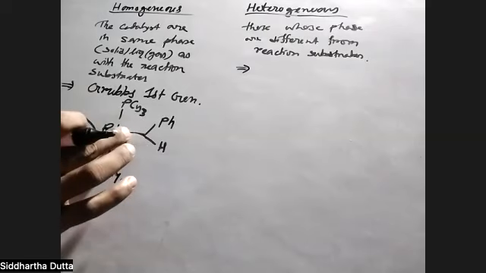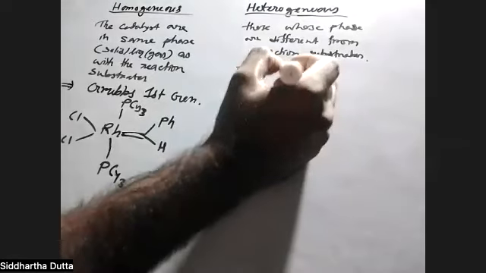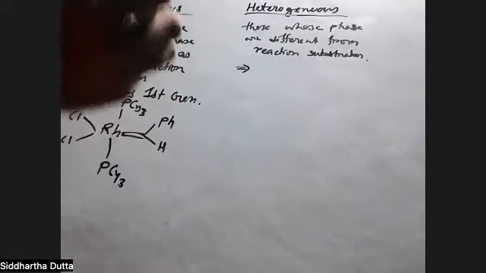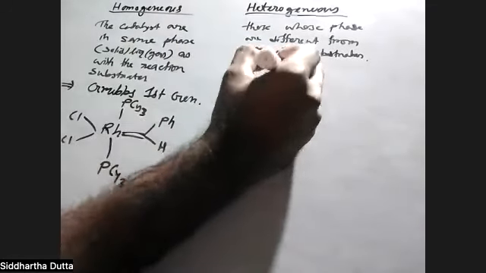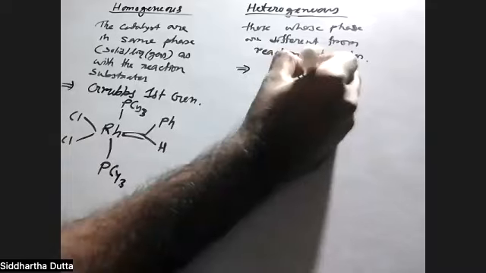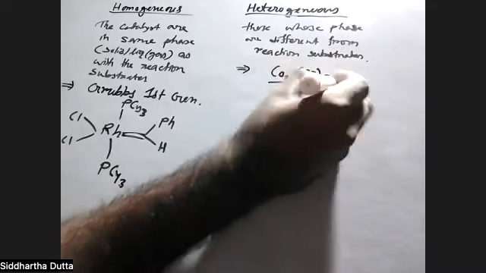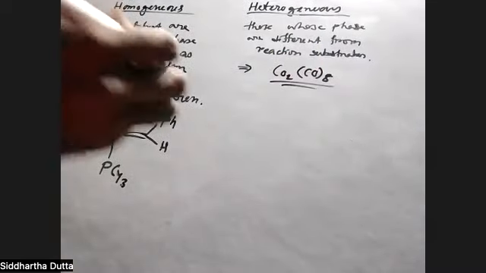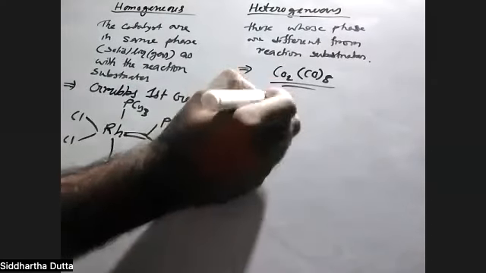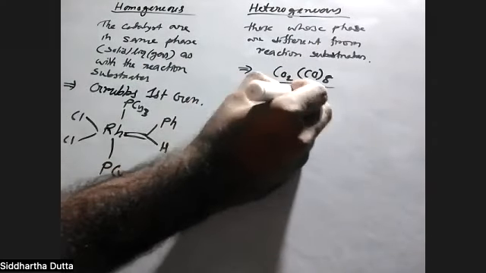The main application is hydroformylation of alkenes. Okay, sir, Co2(CO)8 or cobalt halide. This is the catalyst for hydroformylation, and there may be some iodide promoter.